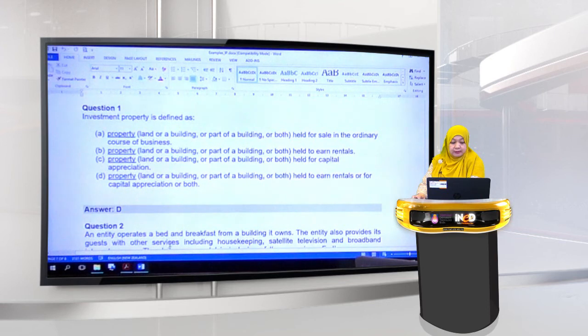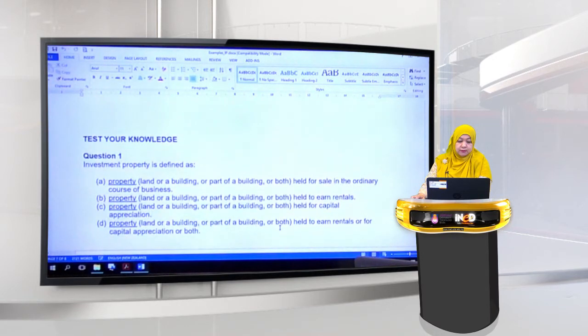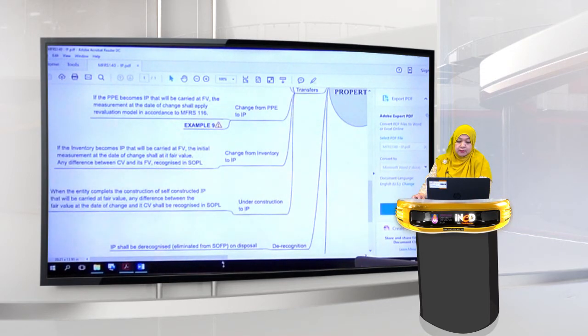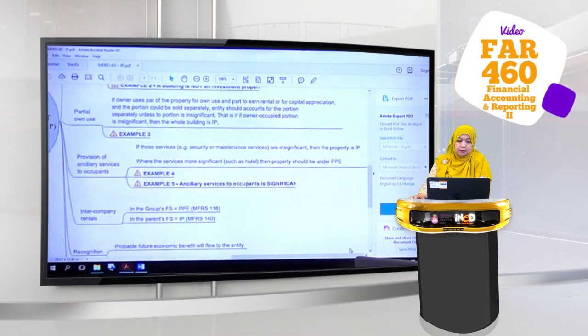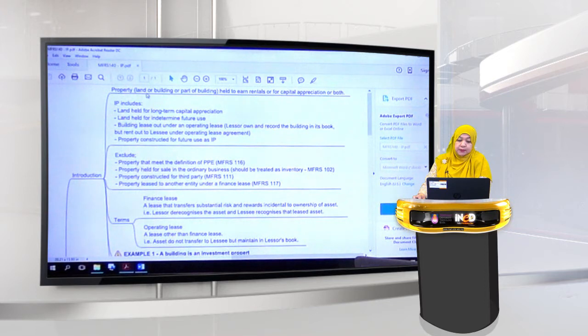So let's test your knowledge with a multiple choice question. Investment property is defined as, if you can recall what we have learned earlier, property which is land or building or part of a building that is held to earn rentals or for capital appreciation or both.